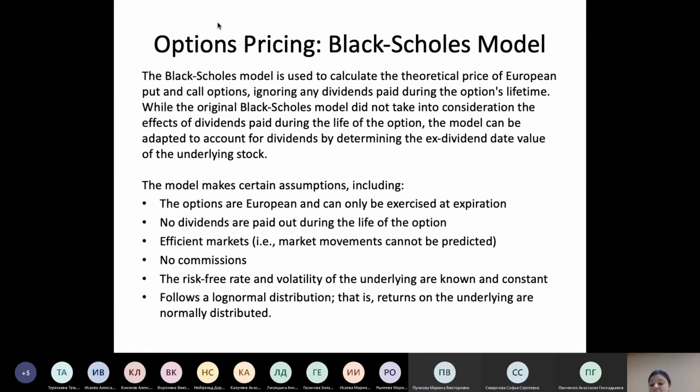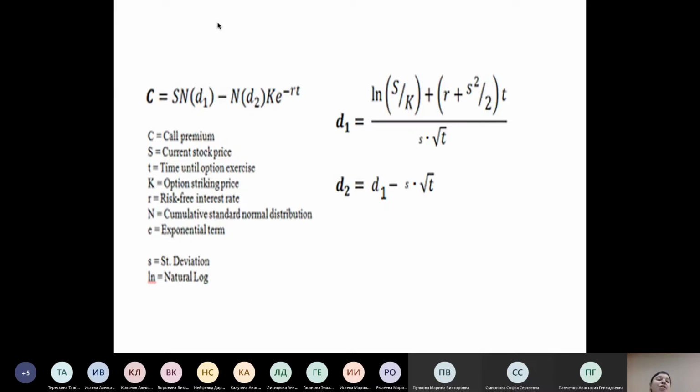And as for the construction of the Black-Scholes model, you can find it on this graph. The Black-Scholes model gives us the information for finding the premium for an option in a financial option, or finding the value of our project in real option valuation.